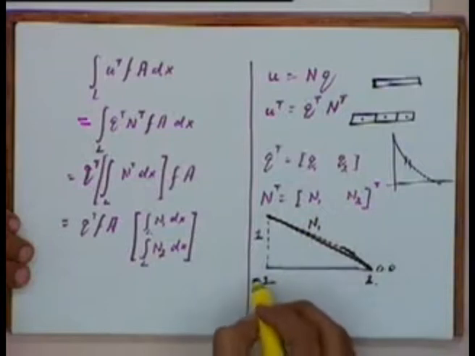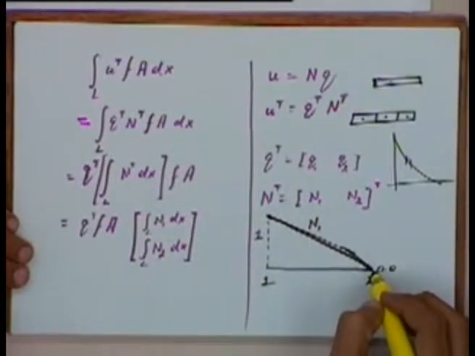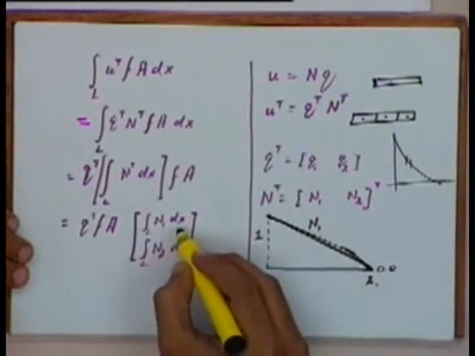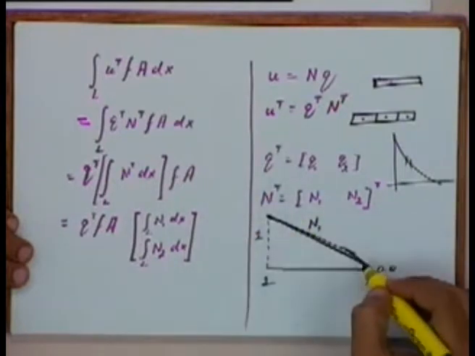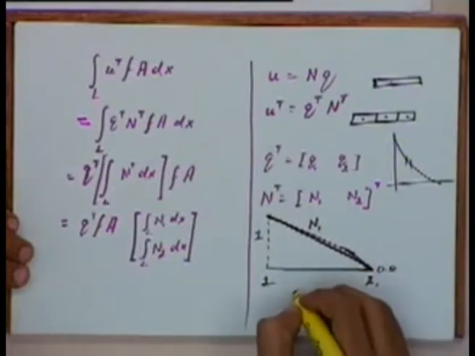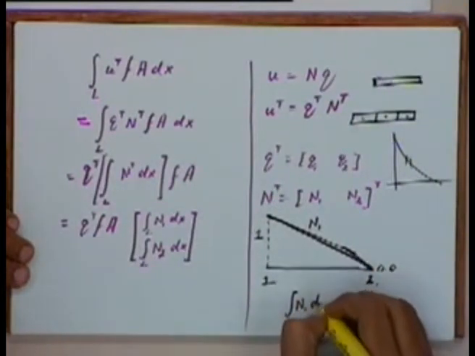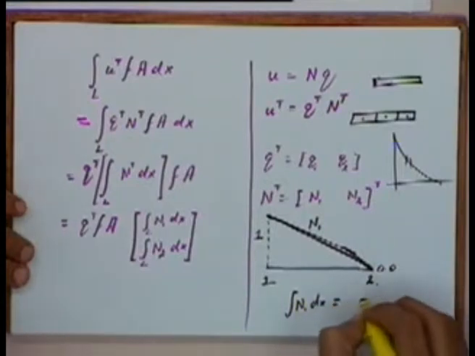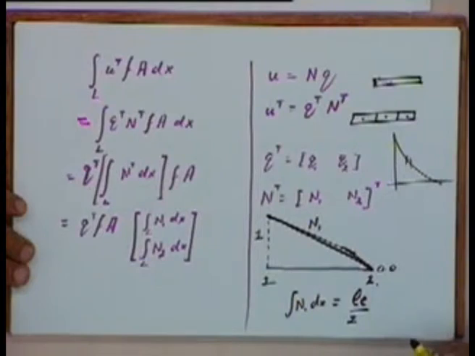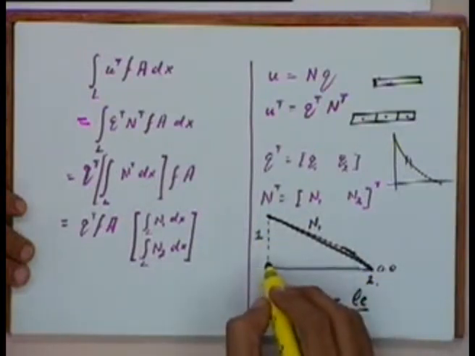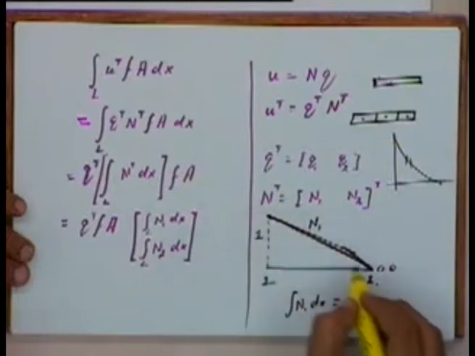So this N1 is varying along the length of the element in this manner. And what is the integral of N1 dx? Integral of N1 dx is nothing but the area under this curve. So it will be the length of the element divided by 2, because this is a triangular area, we are taking a linear shape function, so N1 is a straight line.